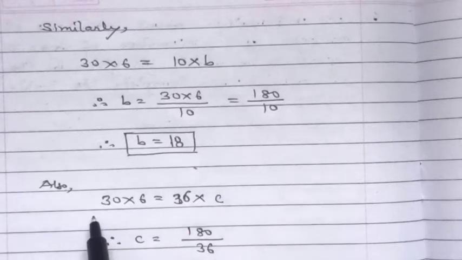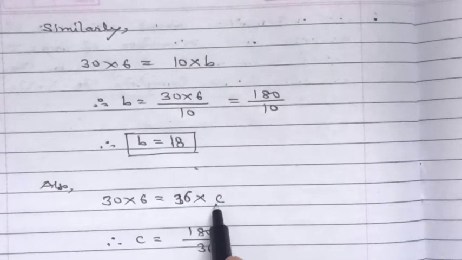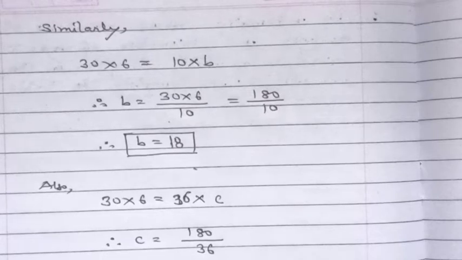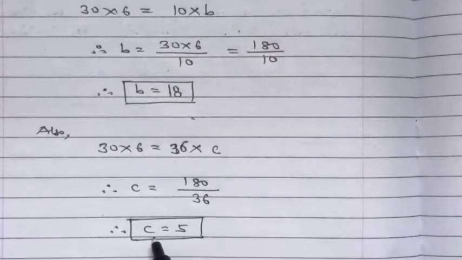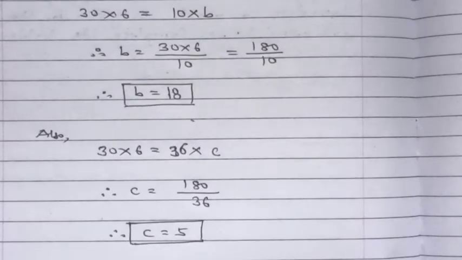Now to find C, write 30 into 6 is equal to 36 into C. That means C is equal to 180 upon 36. 36 fives are 180, so C is equal to 5. So you got A is equal to 15, B is equal to 18 and C is equal to 5. Let's go to the second question.